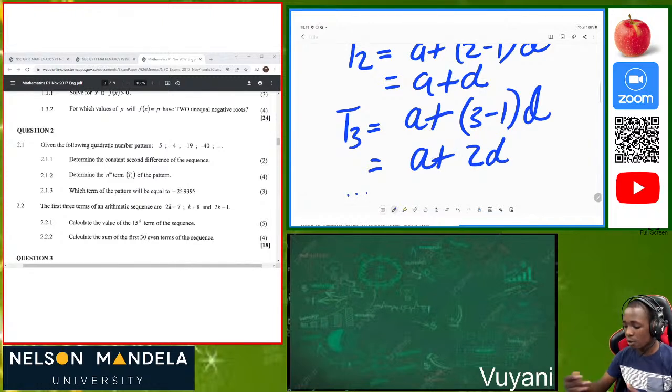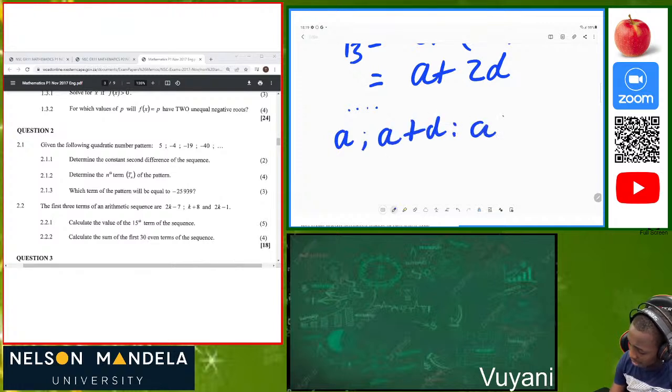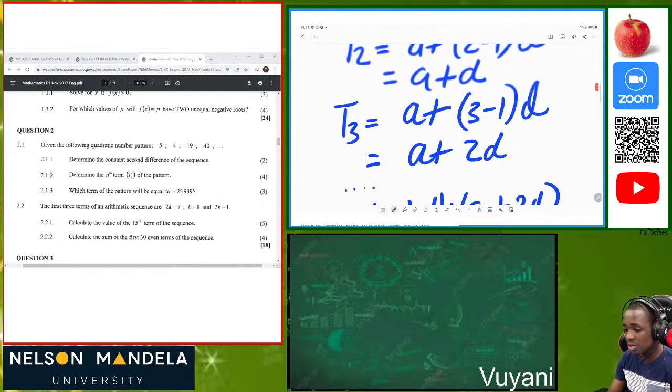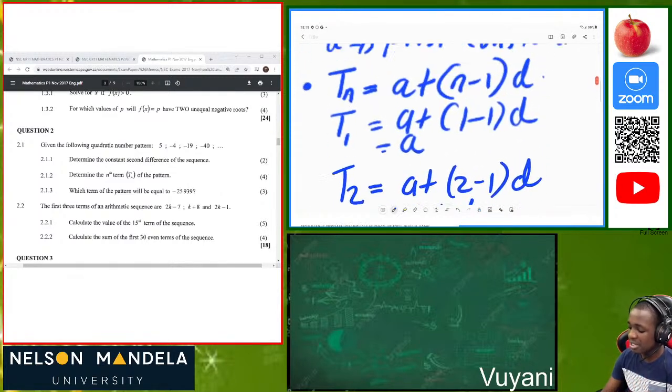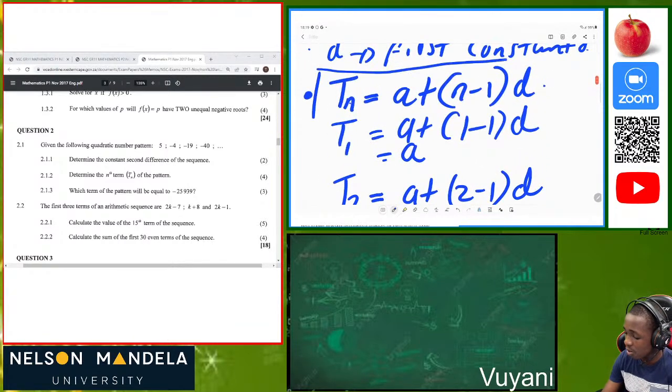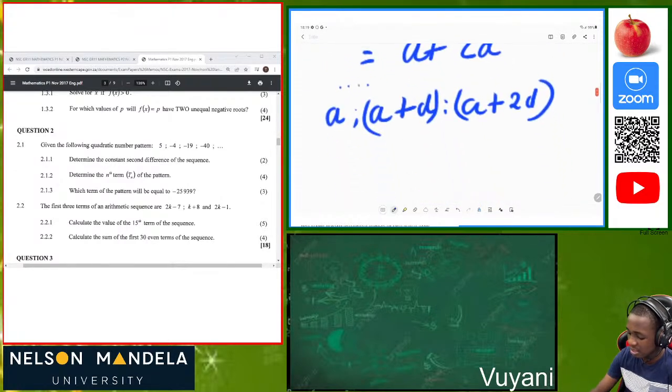So basically the arithmetic sequence can be written like a, a plus d, a plus 2d. As I've illustrated for you, that's term 1, term 2, term 3. We just substitute into our general nth term formula so that you can find the terms of the sequence.